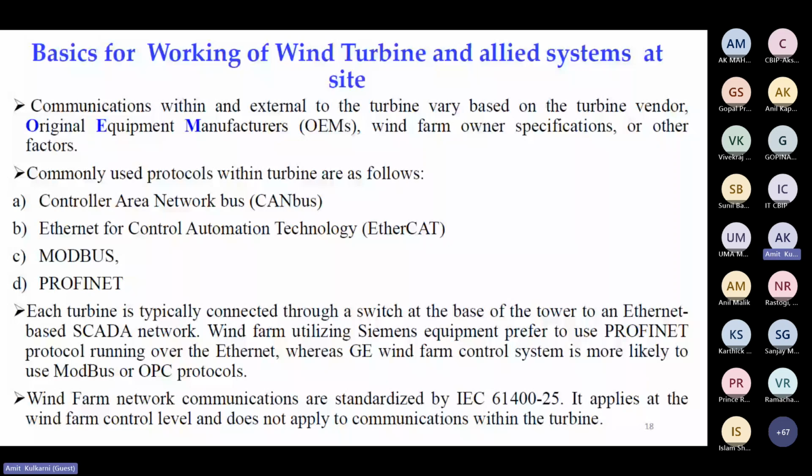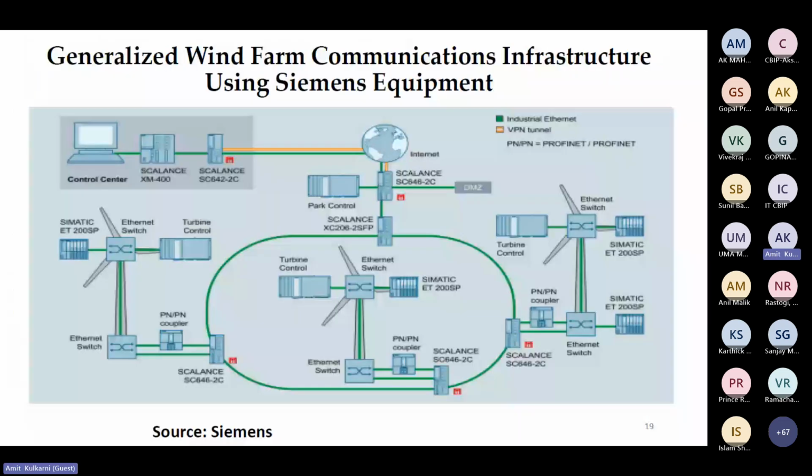Now we'll see what the wind farm communication system or infrastructure actually is. This is important to understand because in further discussion, we will see this very communication of wind farms was focused on by attackers to hamper or damage it. So you have turbines connected with various communication links.